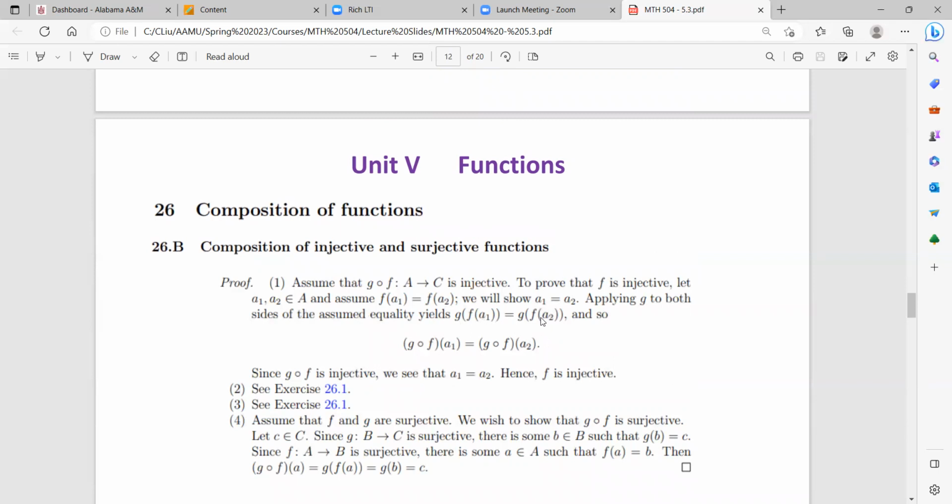All right. And so by definition of composition, that means that g compose f of a1 is g compose f of a2. But what is given is that g compose f is injective. So that means a1 is equal to a2. So we started from f(a1) equal to f(a2) and concluded that a1 equals a2. That means f is injective, right?